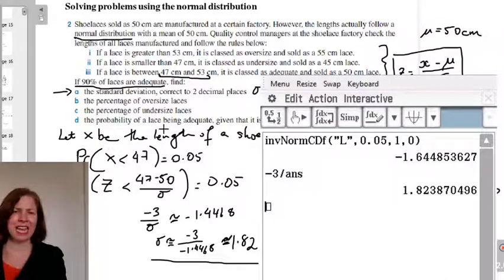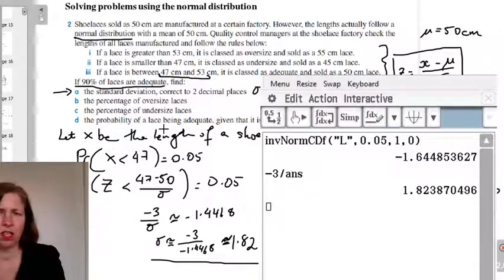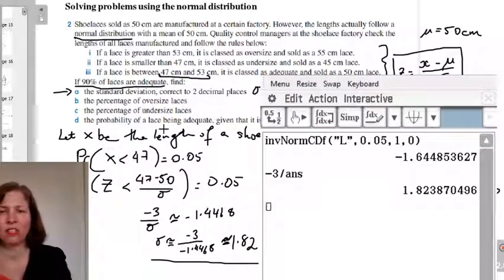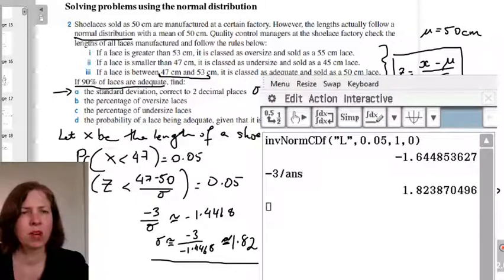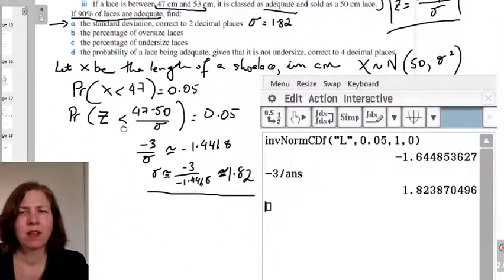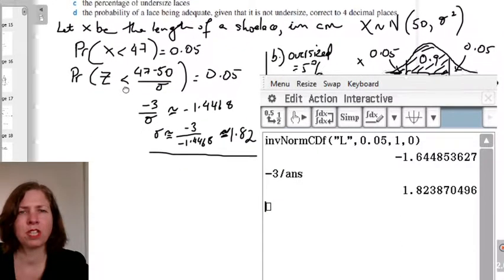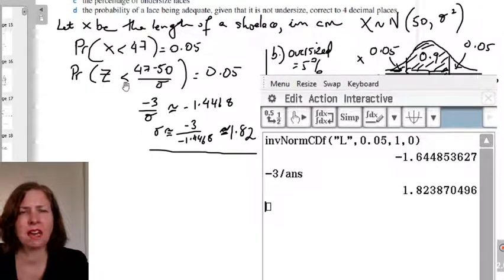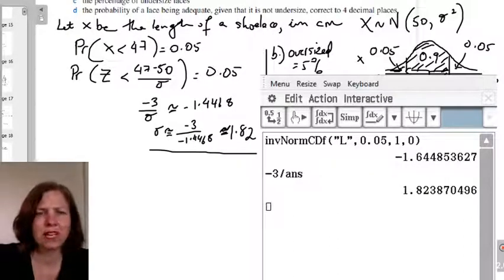And finally, the probability of a lace being adequate given that it is not undersize, correct to 4 decimal places. It's not undersized. So I'm going to just shift all of this up to make myself some room, bearing in mind that I've got all the numbers and information that I need here. So what I'm calculating here is the probability that it's adequate.